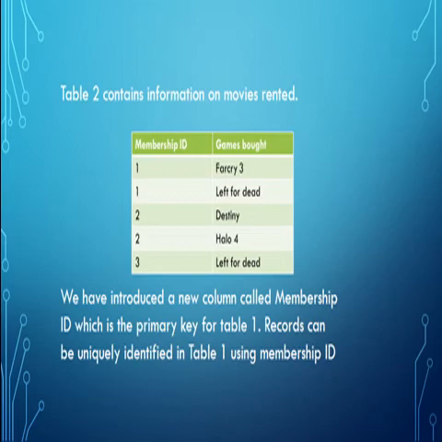While table 2 contains information on movies rented, we have also introduced a new column called membership ID, which is the primary key for table 1. Records can be uniquely identified in table 1 using membership ID.